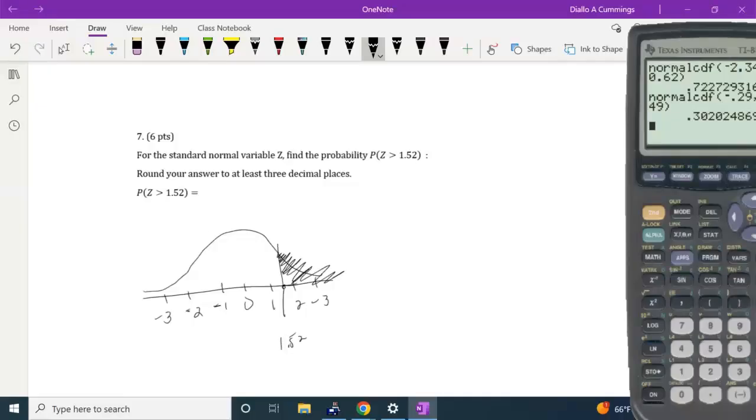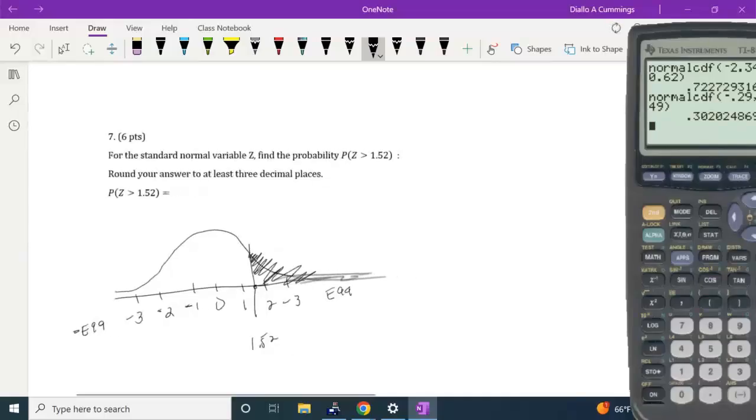And we want to find the area to the right. So remember now, on this standard normal curve, you do have a negative infinity value, which is expressed as negative e to the 99 in the calculator. And we also have a positive infinity value expressed as e to the 99. Because these curves, they never stop. This thing keeps on going forever.